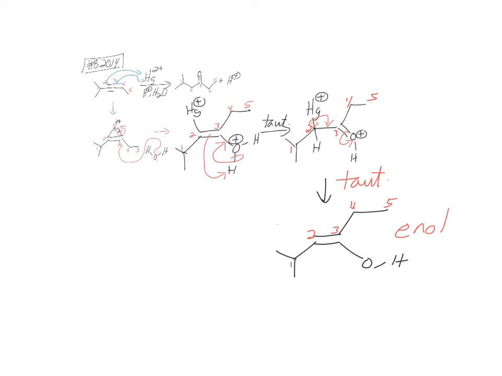And have we used that H plus yet? Let's use that H plus. So now we're ready to use H plus. Let's say these two electrons go there, and then this pi bond attacks. So what happened here, this H became what? It became H plus. And now that H, if I put a little red star on that H, where did that end up at?